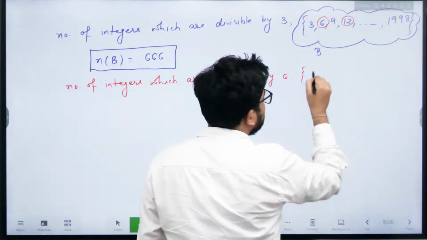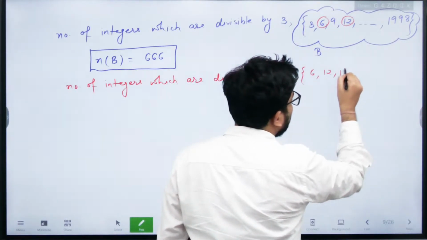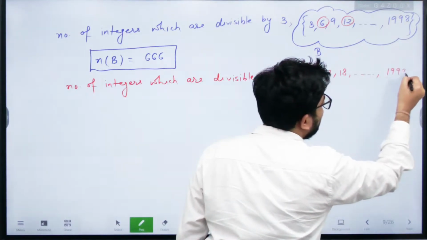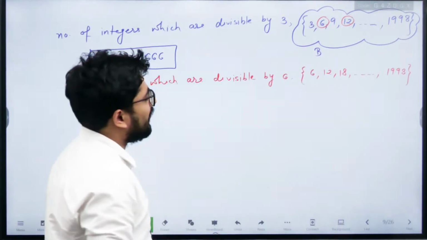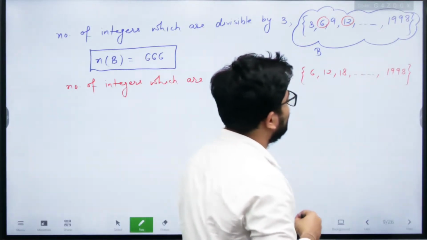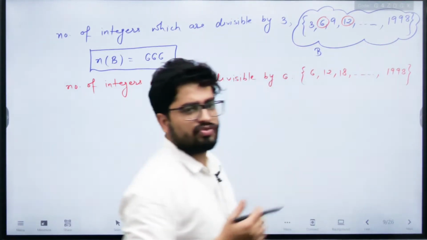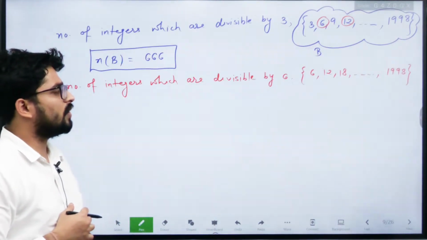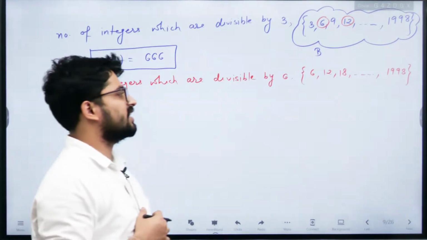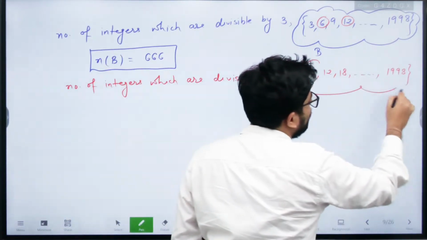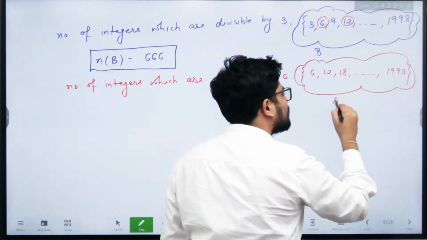These integers are 6, 12, 18 and so on till 1998. That is 333. Six 3s are 18, so 333. This is A intersection B.